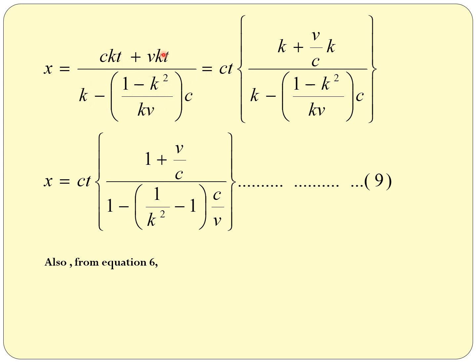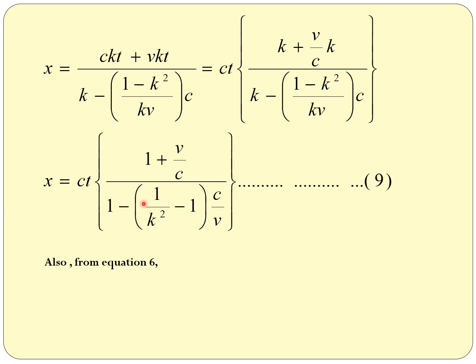And if we take c into t as common, then here we will have k plus b by c, because c was not there, so c is taken out, b by c into k, divided by k minus, this denominator will be the same. So ct into something, and we can simplify it a little bit: ct into (1 plus b by c), k, one of the k is cancelled out if we take k common in numerator and denominator also.